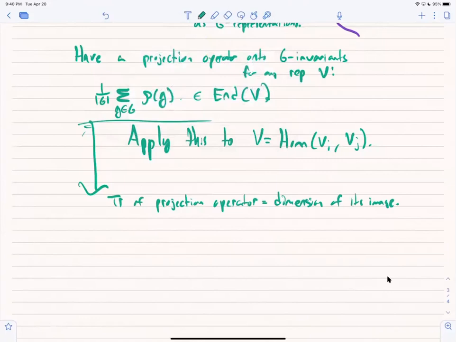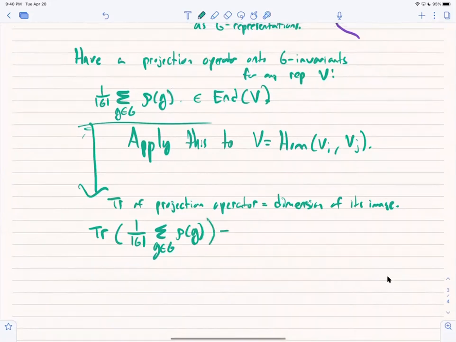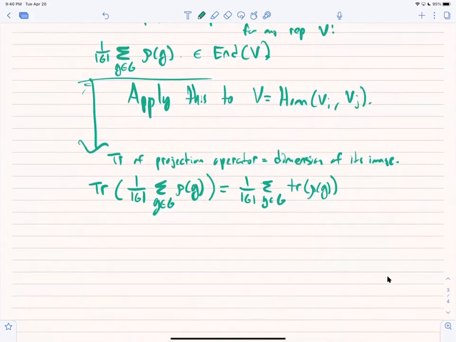So the trace of 1 over |G| times the sum over g in G of rho(g): I'm adding up the linear transformations rho(g), averaging them, and taking the trace, which is equal to 1 over |G| times the sum over g in G, using linearity of trace, of the trace of rho(g), which is just 1 over |G| times the sum over g in G of the character of rho evaluated at g.